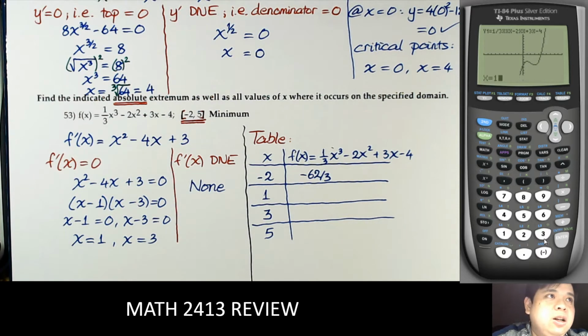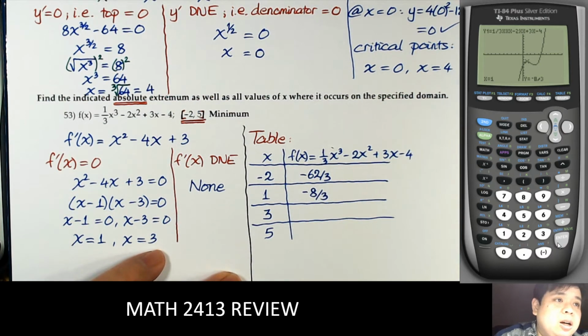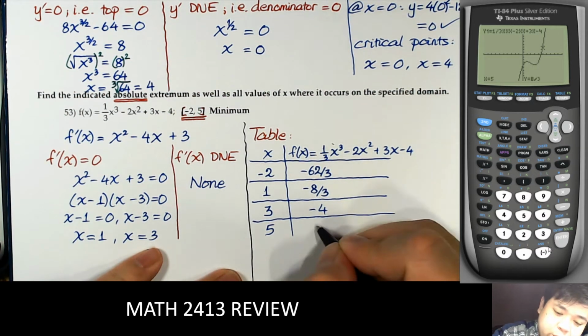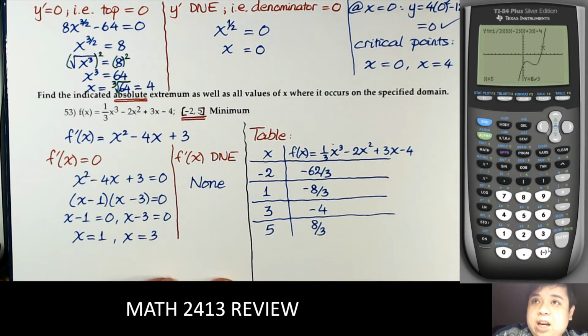1 is -8/3. 3 is -4. And 5 is 8/3. So we don't have to check because we will check it anyway.